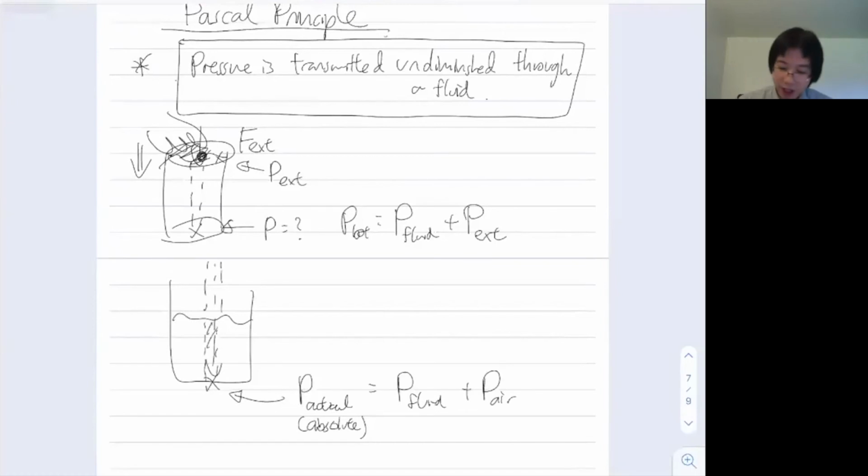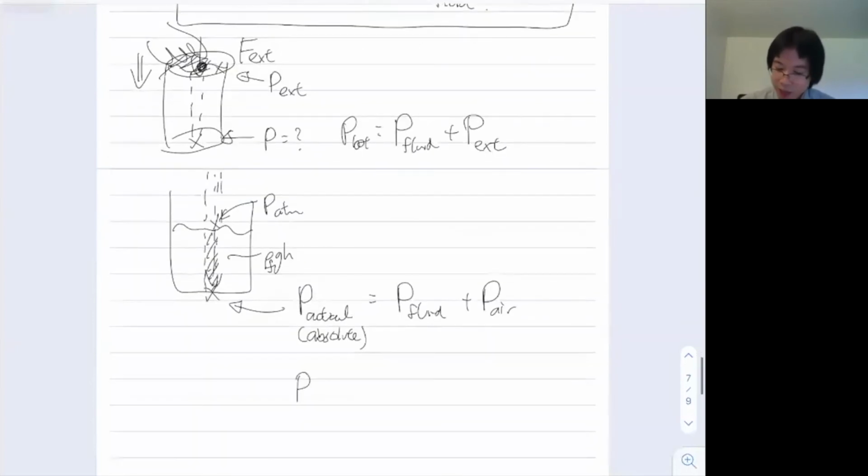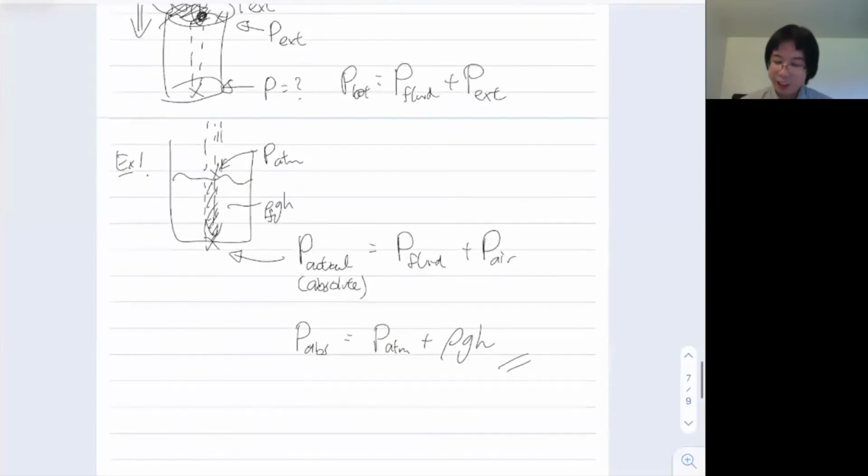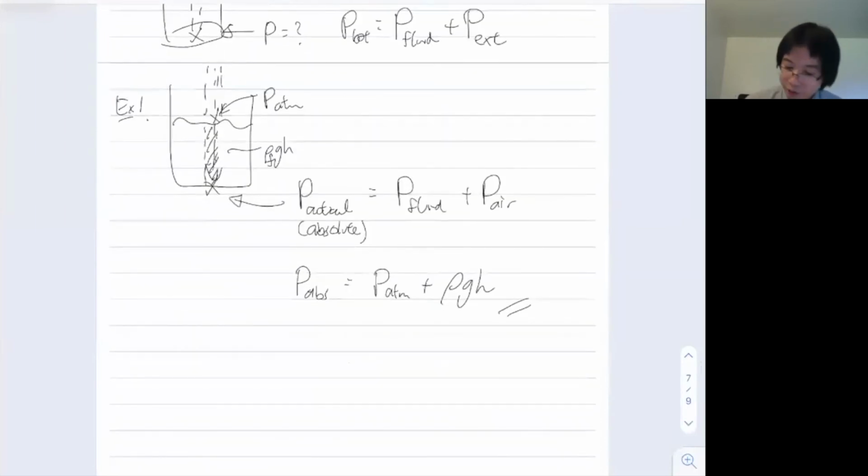This part is rho g h, rho of the fluid, and g h. This part is P atmosphere. So the absolute pressure, or the actual pressure, is P atmosphere plus rho g h. So this is one example of how you apply Pascal's principle, and it leads to actually more general formulas.